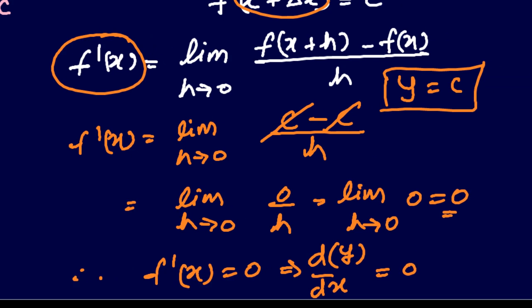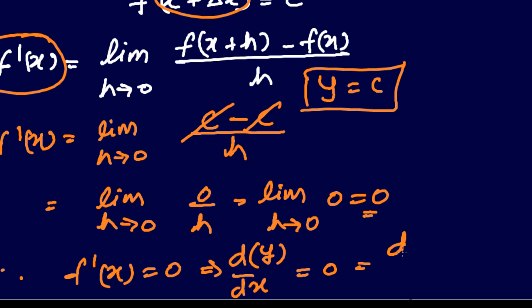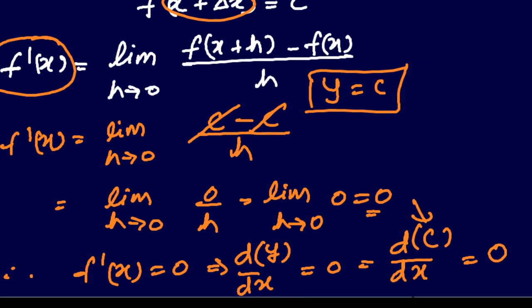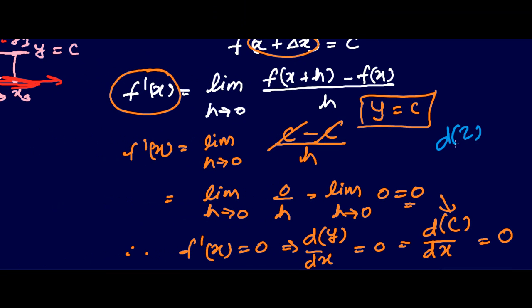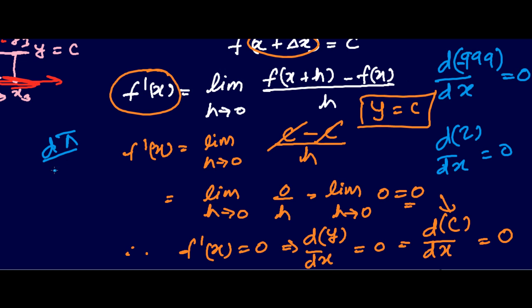So further I can say that the derivative of a constant equals 0. This constant can be anything. In the place of this constant you can put anything, like the derivative of 2 with respect to x, or any other quantity, equals 0. The derivative of, let's say, 999 with respect to x equals 0. Any number you put, negative, positive, any real number or any constant value, is always 0. Keep in mind, the derivative of pi is also always 0.